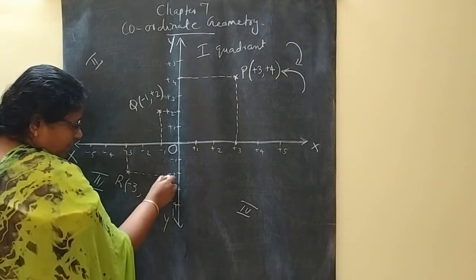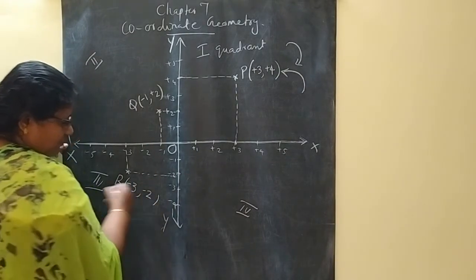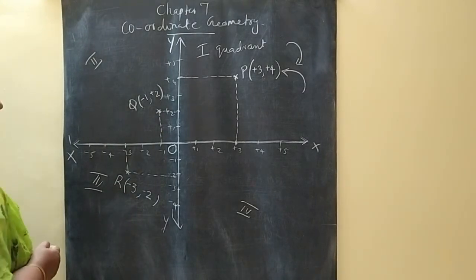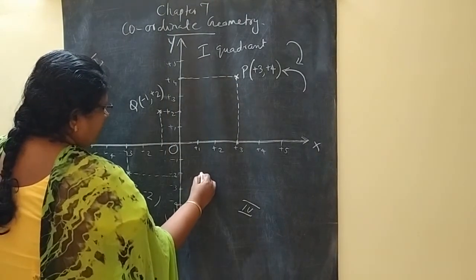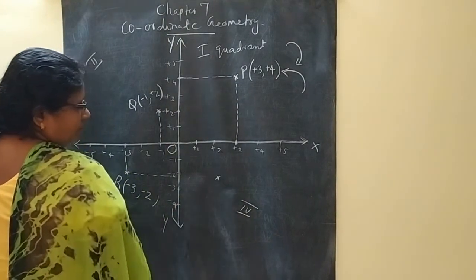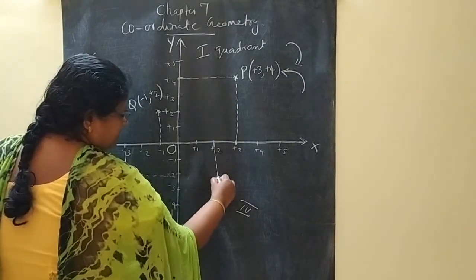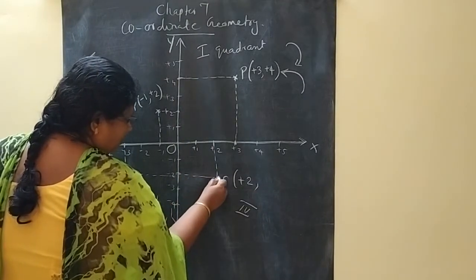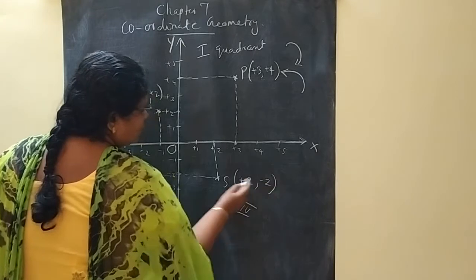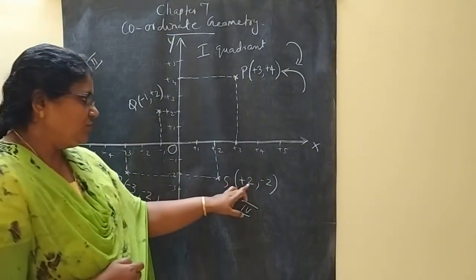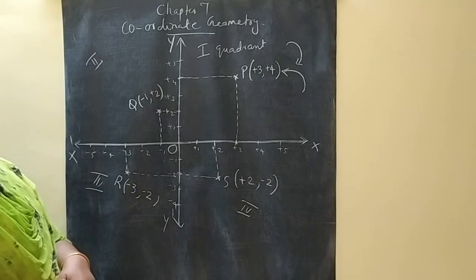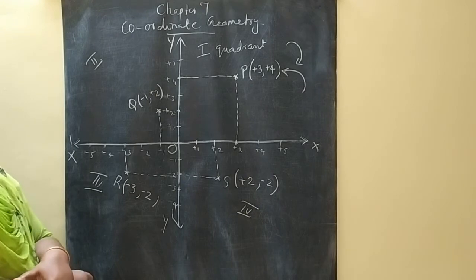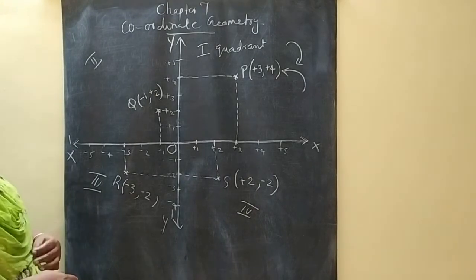Then draw a perpendicular to the y-axis, it is -2. So the point R is -3, -2. Then if I mark a point here, draw a perpendicular to the x-axis, it is +2. Draw a perpendicular to the y-axis, it is -2. So the point S is +2, -2. Okay, so this is the way of representing points in this coordinate system or rectangular coordinate system.